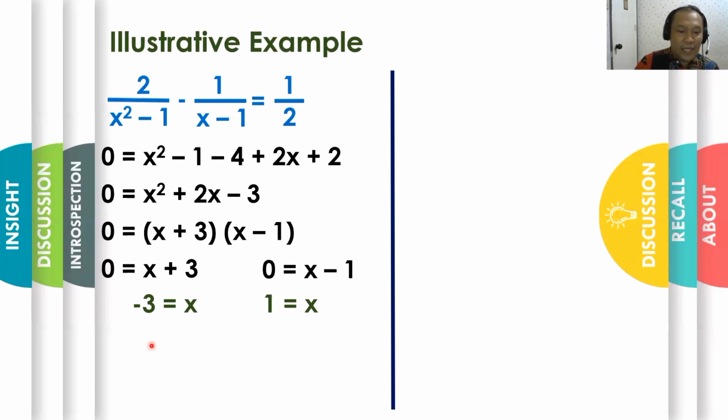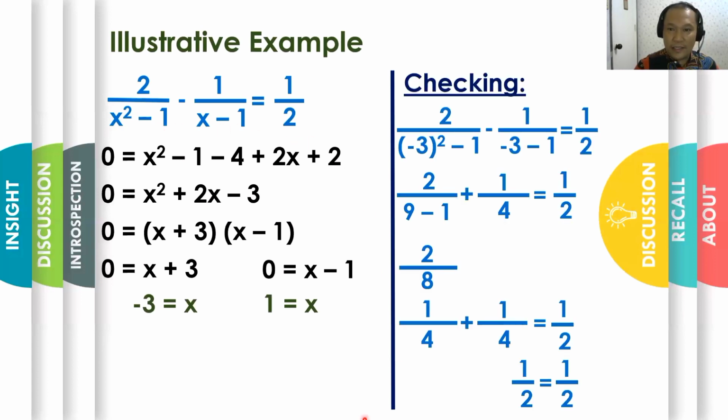Okay. Since we were able to obtain the values of our variable x, which are negative 3 and positive 1, we are going to verify if the given value is a true or extraneous solution. Now, we are going to use first negative 3. x is equal to negative 3. Therefore, we substitute it in our rational equation. Here is my solution for the checking.